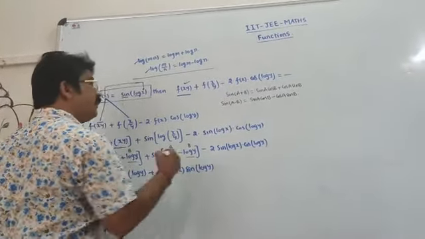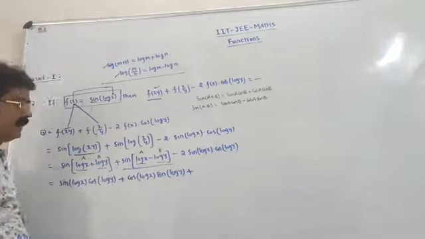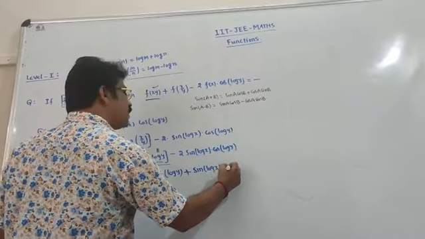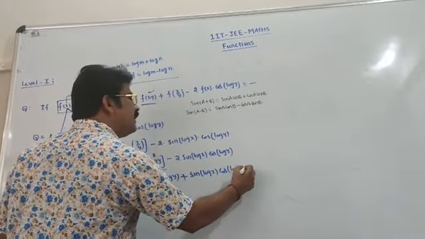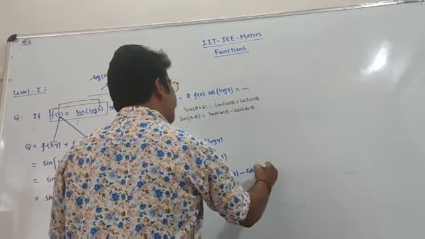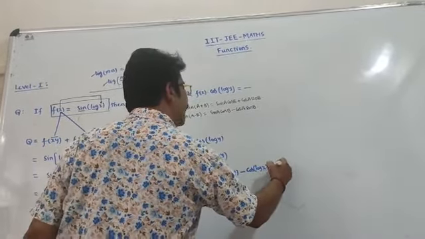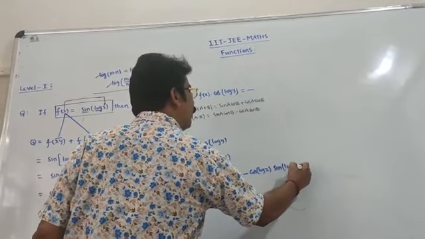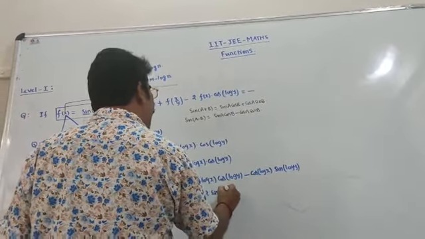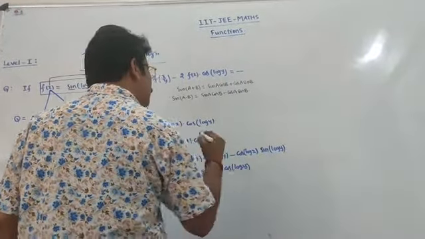Okay, next plus another formula, sin of A minus B is sin A cos B minus cos A sin B, where B means log y. Later minus 2 sin of log x into cos of log y.